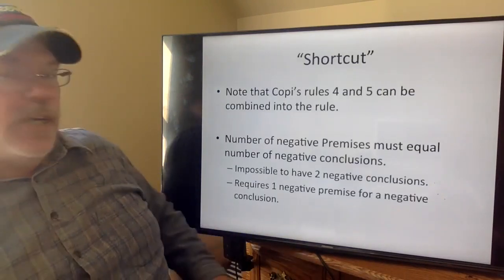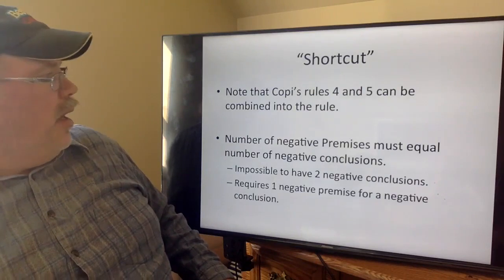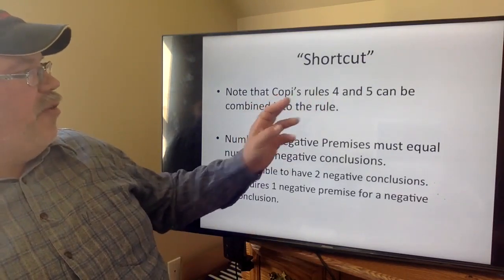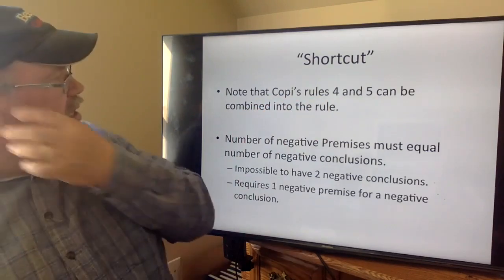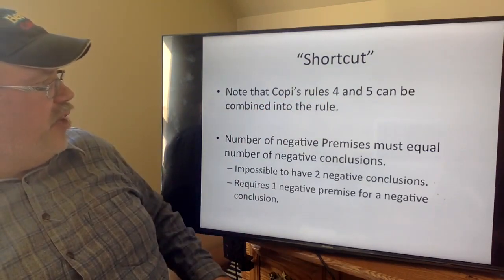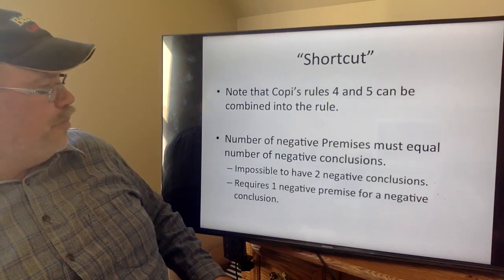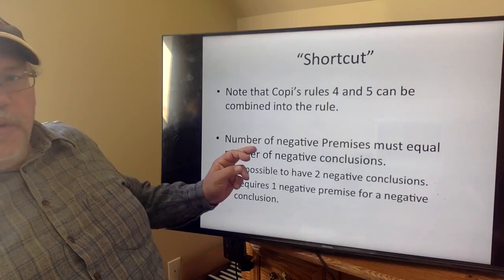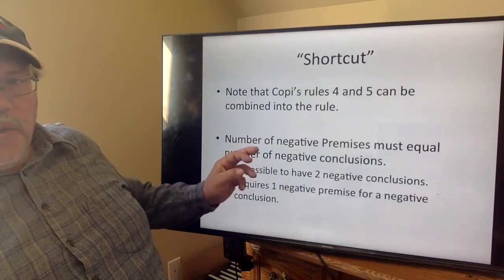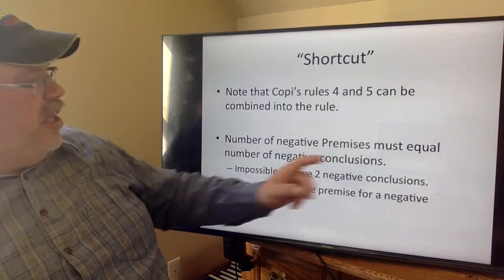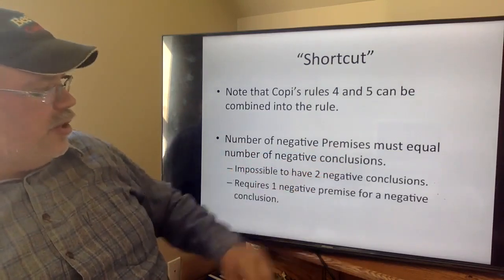There's a bit of a shortcut available to you. The way these rules are typically given follows copy. You'll find the odd textbook that combines rules 4 and 5 into one, and this is often how I think of them: the number of negative premises must equal the number of negative conclusions.